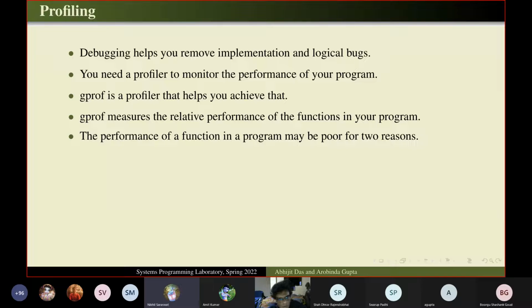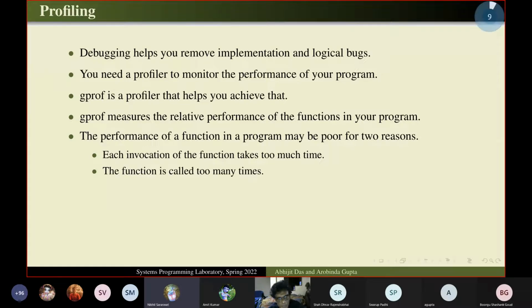One, each invocation of the function takes too much time. And the second possibility is that the function is called too many times. So these are two potential sources of inefficiency of a function.